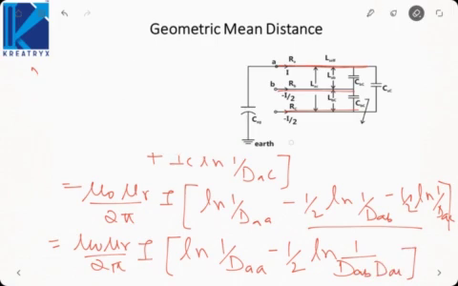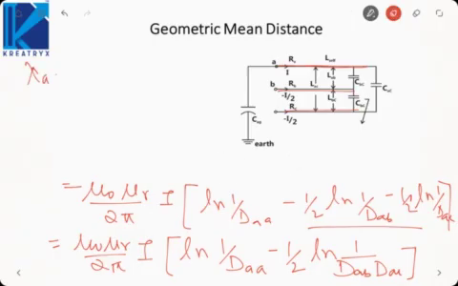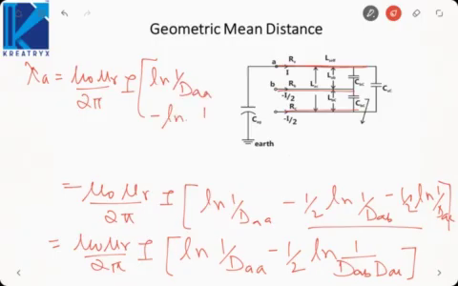Okay, here daa refers to Ra prime. So lambda a will be mu naught mu r by 2 pi into I, take half inside, ln 1 by daa minus ln 1 by under root dab dac.